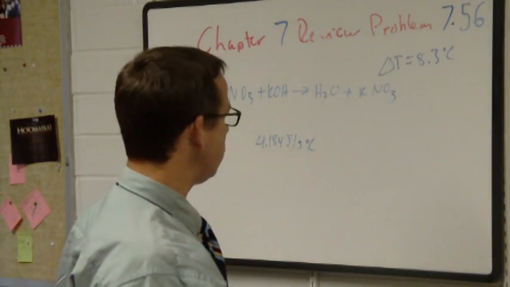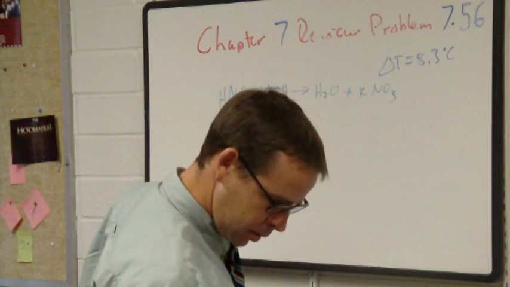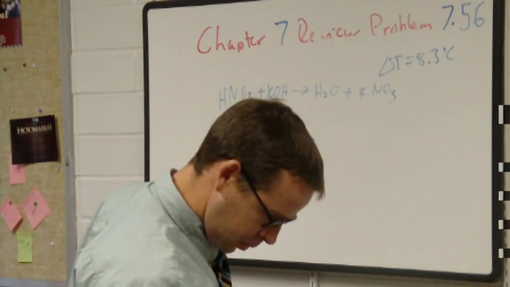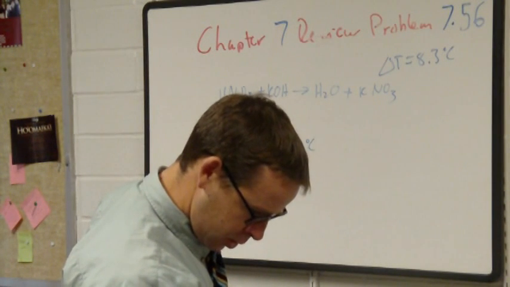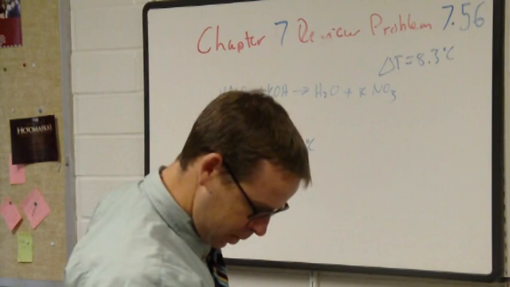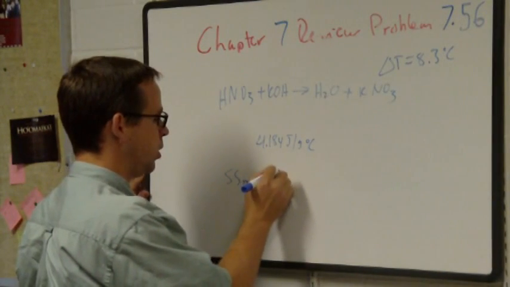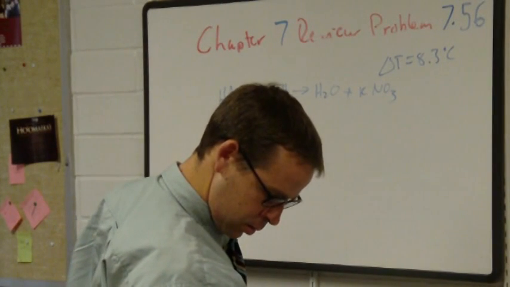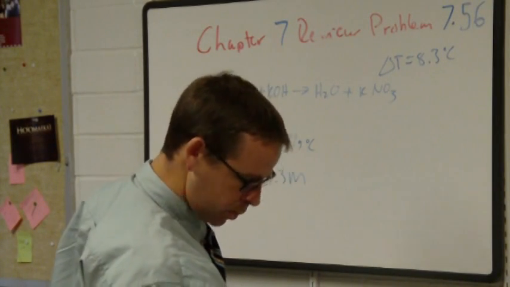Let's reread how this reaction occurred. To determine the heat of reaction, a student placed 55 milliliters of 1.3 molar nitric acid in a coffee cup calorimeter, and noted that the temperature was 23.5.